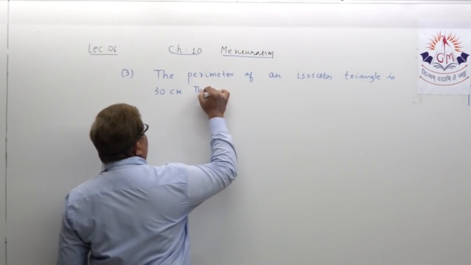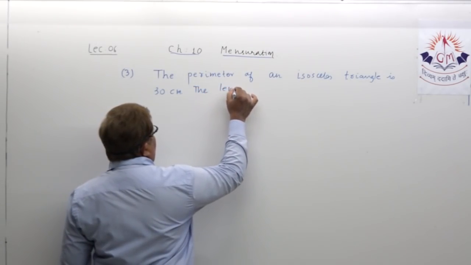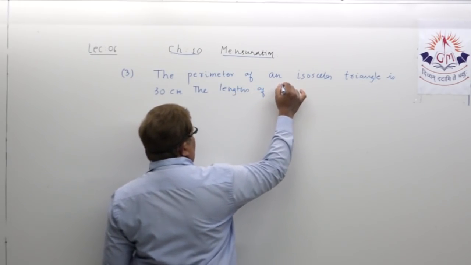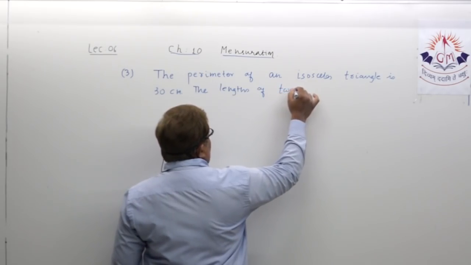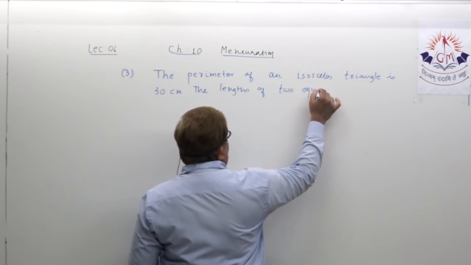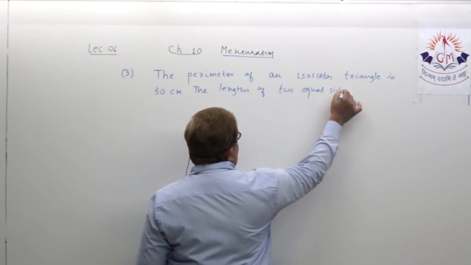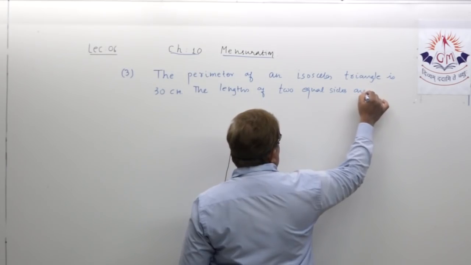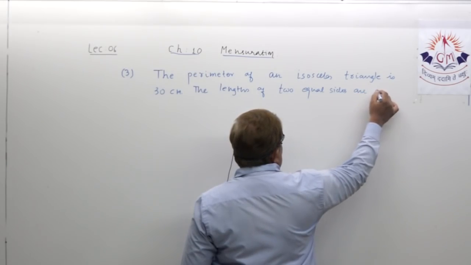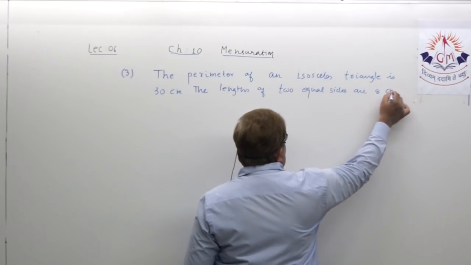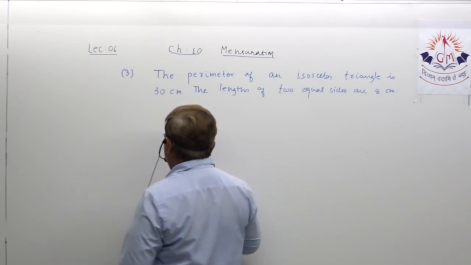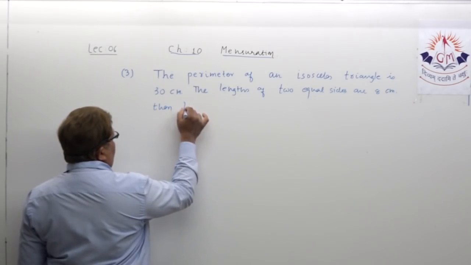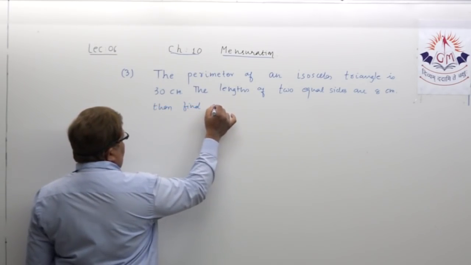The length of two equal sides are, suppose I write 8 centimeter, and then the question is, then find area.